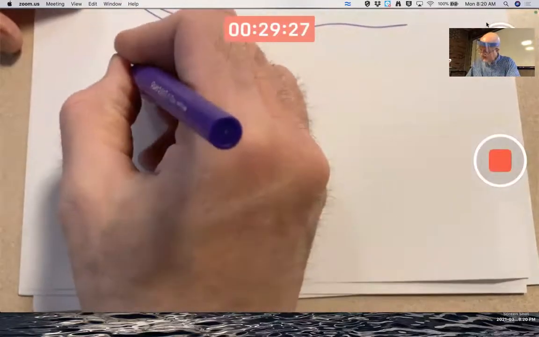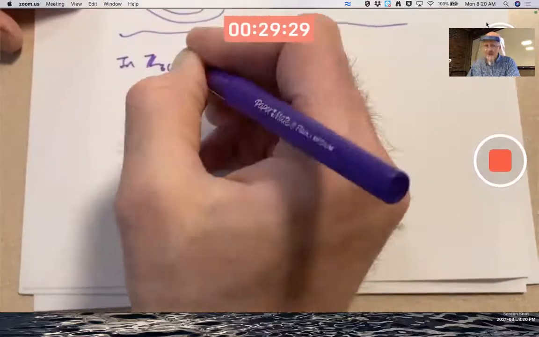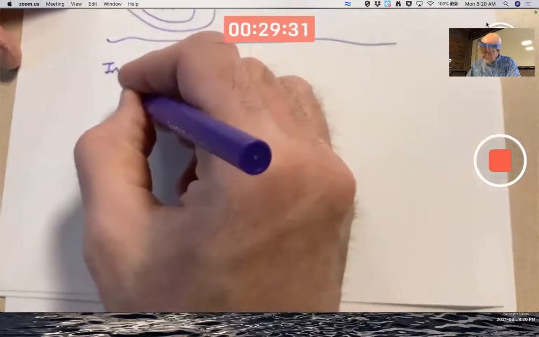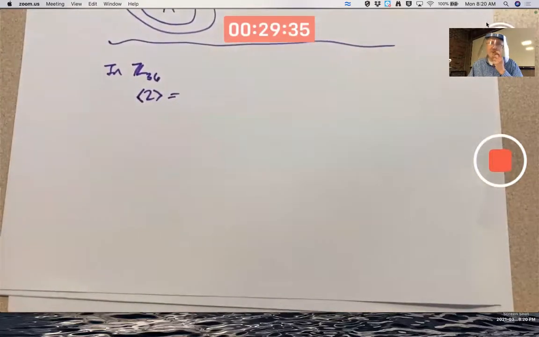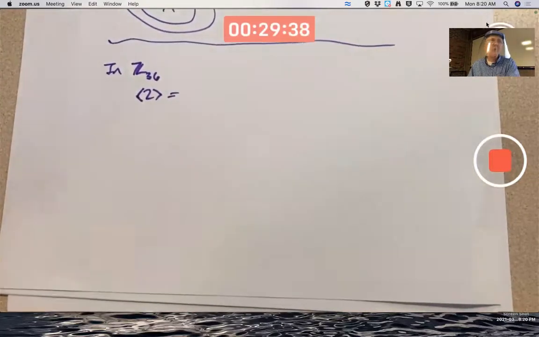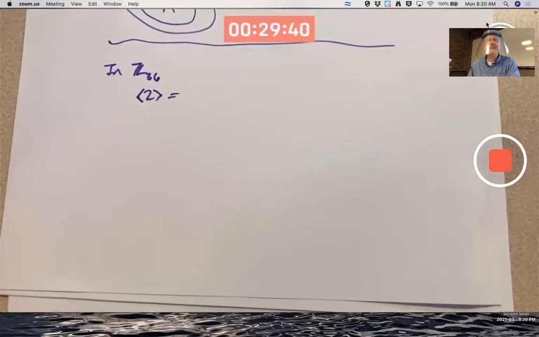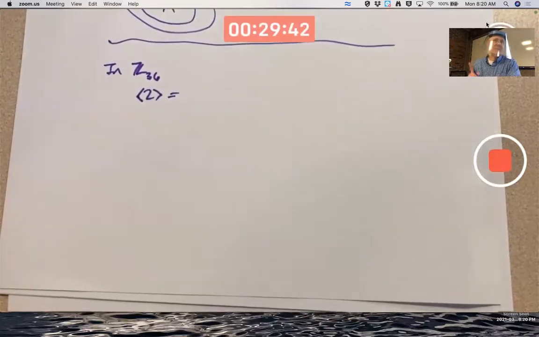What are these principal ideals? If you wanted to figure out what they are, well, the principal ideal generated by 2 would be all multiples of 2 mod 36, which is also, just like with Z, the same as the cyclic subgroup generated by 2 under addition.